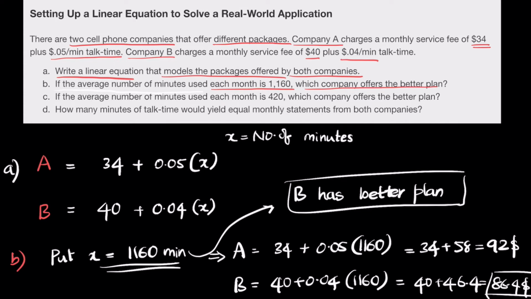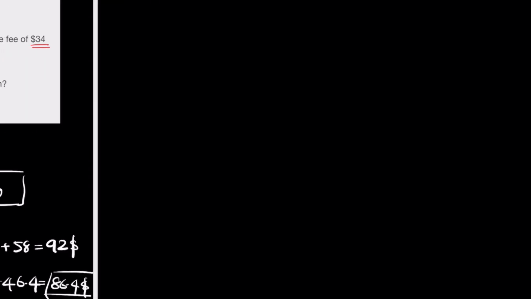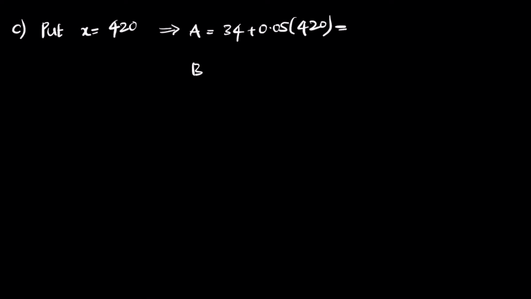Let's take question C. If the average number of minutes used is 420, which company offers the better plan? Again, do the same process, put x equal to 420 this time. Plan A is 34 plus 0.05 times 420, and plan B is 40 plus 0.04 times 420.